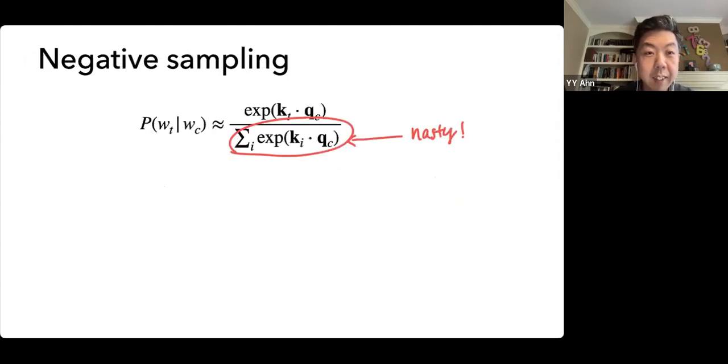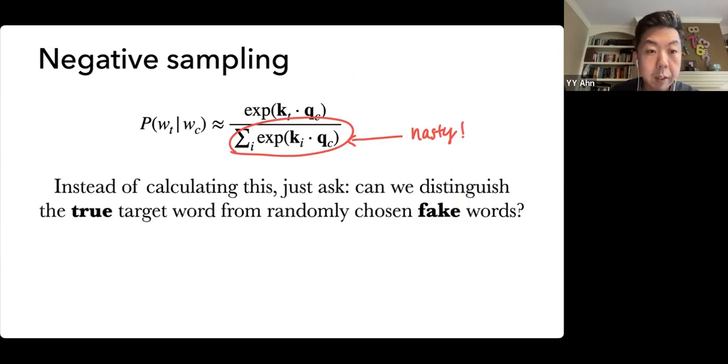So the original authors came up with the idea called negative sampling. The idea is that instead of calculating this normalization term, can we solve a different problem, which is, can we distinguish the true target word from randomly chosen fake words?